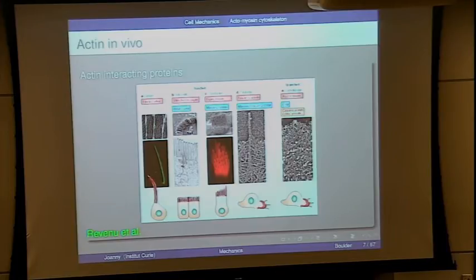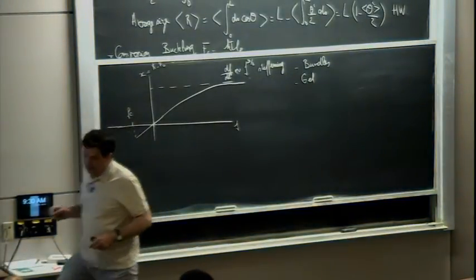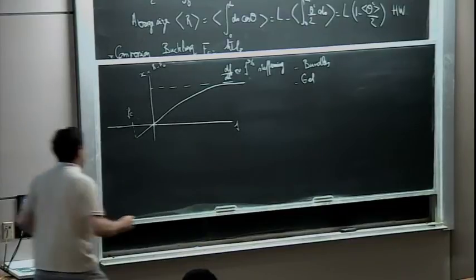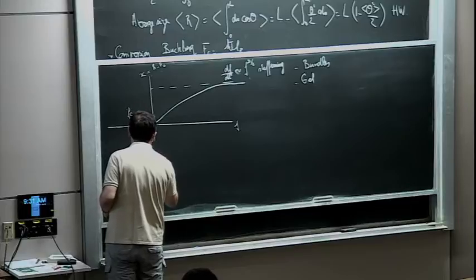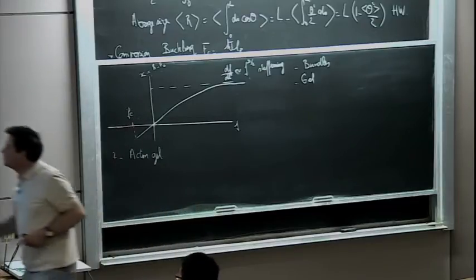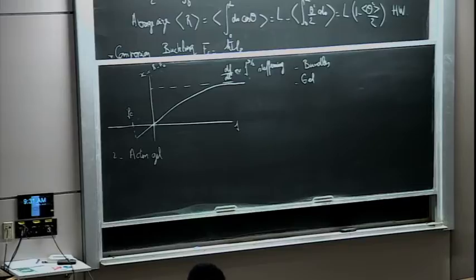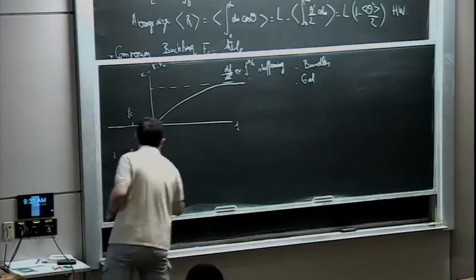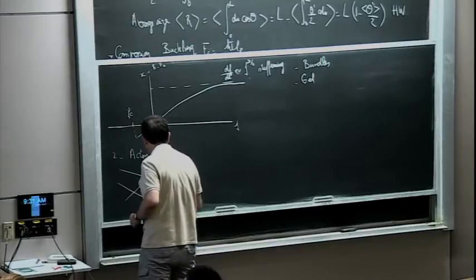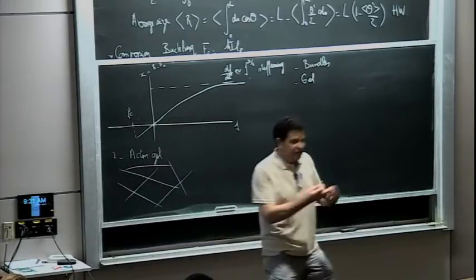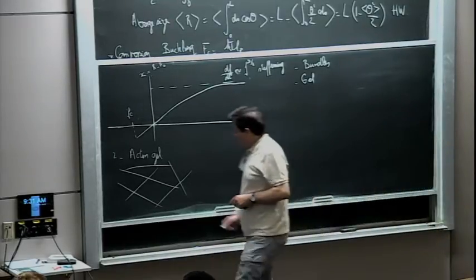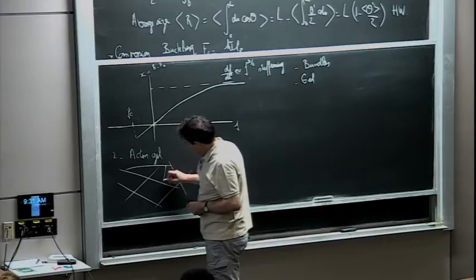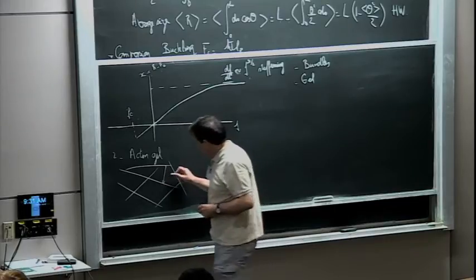Okay. So that's actin gel. If I draw my own picture of that, a very sketchy picture, it's actin filaments which locally are straight, crisscrossed like this, intermingled if you want. And there is essentially one length scale, which is the mesh size of the gel, and I will call it small l.